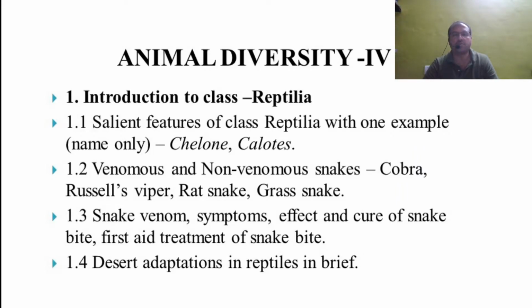Then in the third subunit we will see snake venom, symptoms of snake bite, basically the venomous one, then effect and cure of snake bite, and first aid treatment of snake bite. Then in the last unit from the class Reptilia we will see the desert adaptations in reptiles in short.